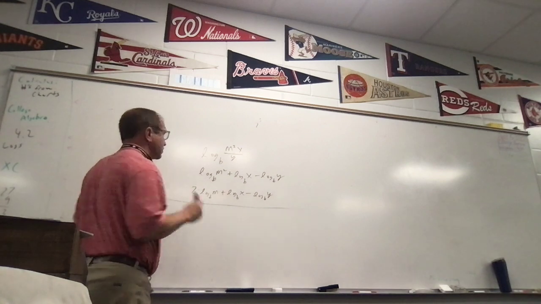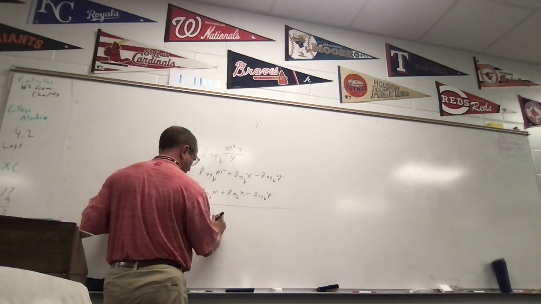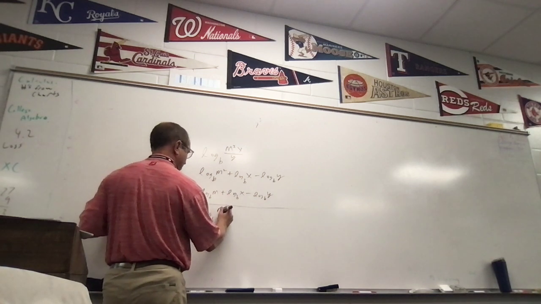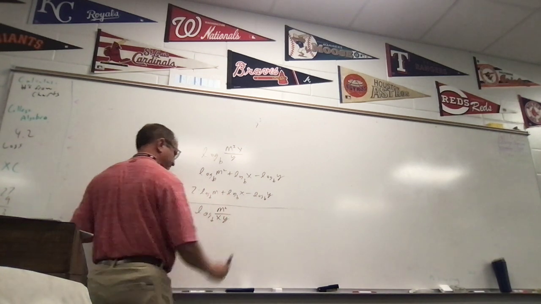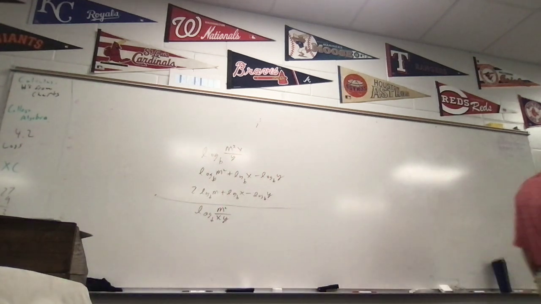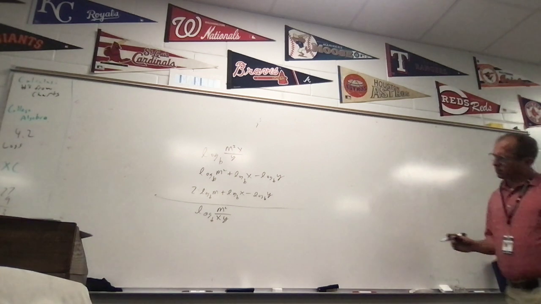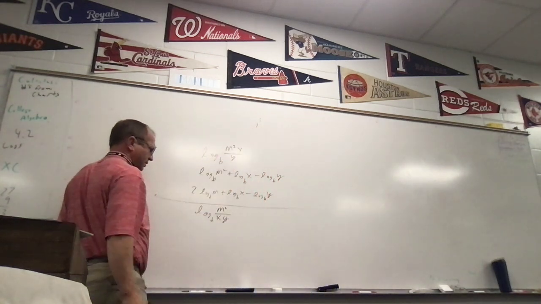Now, there is one little catch to these problems, and I'm going to show it to you so you don't mess it up. But I'm going to make it m squared over x, y. And I'm going to break this down twice to make it a little easier to see. This doesn't look a whole lot different from this problem either, does it?